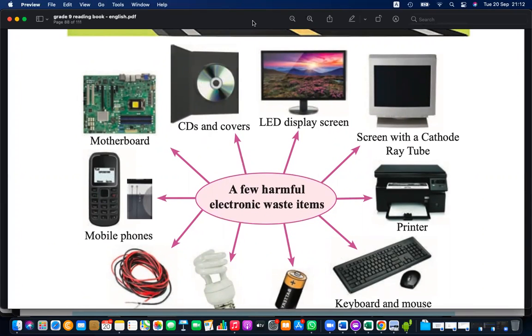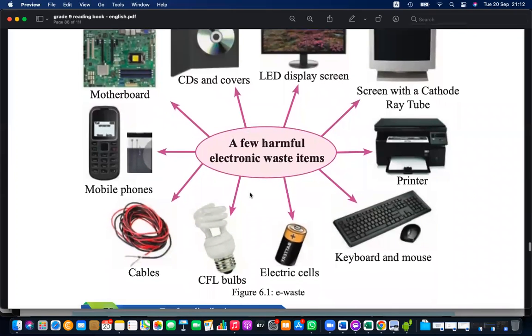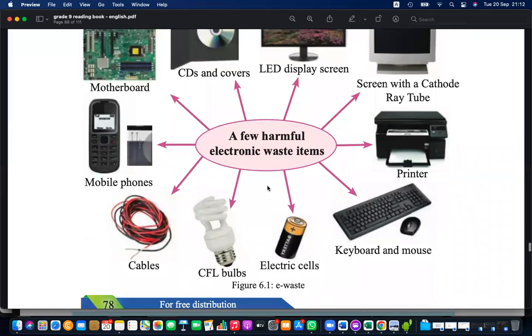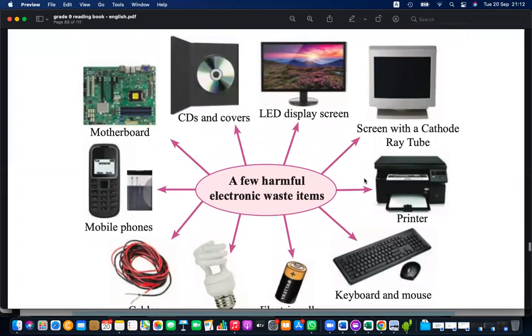Plastic covers, when mixed with soil, do not decompose, and it will take thousands of years to recycle them. Therefore we call these components harmful.